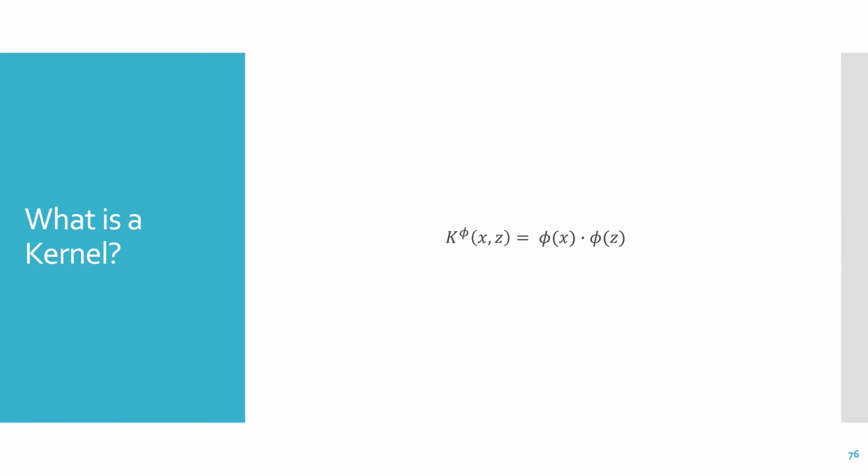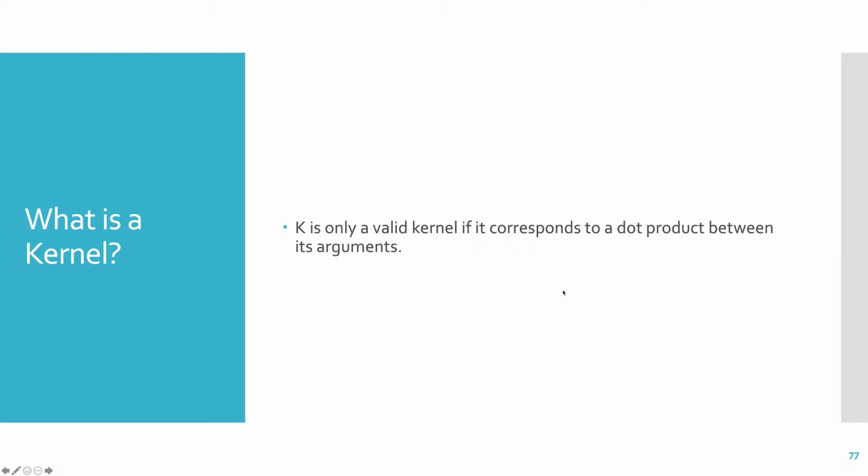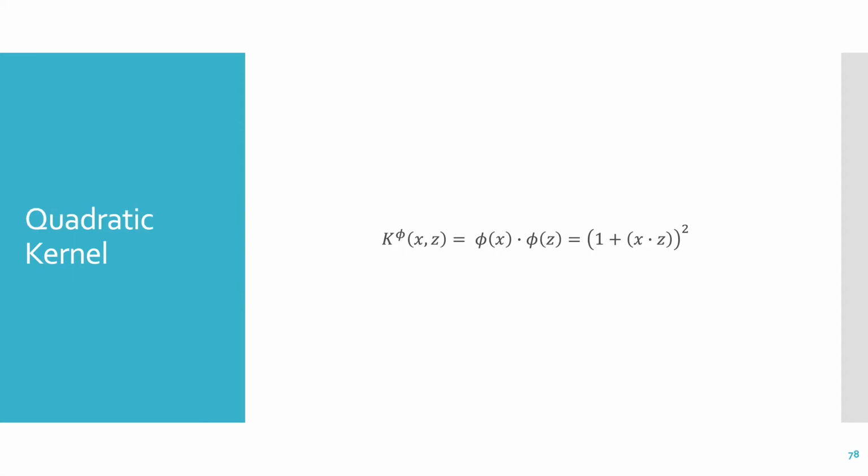No. K is only a valid kernel if it corresponds to a dot product between its arguments. That is, there exists a phi such that k equals phi of x dot phi of z. Remember the quadratic kernel? Phi of x dot phi of z reduced down to 1 plus x dot z squared. Any degree d polynomial can be written similarly.